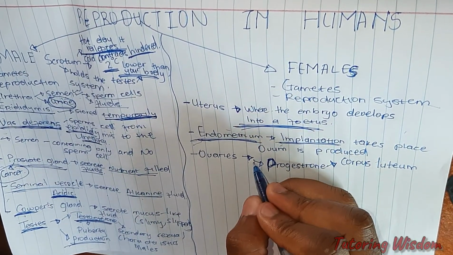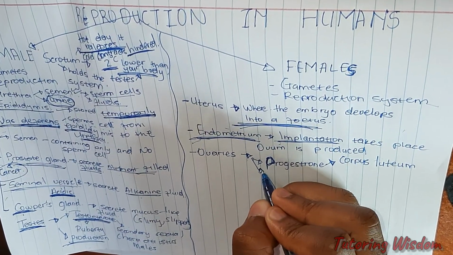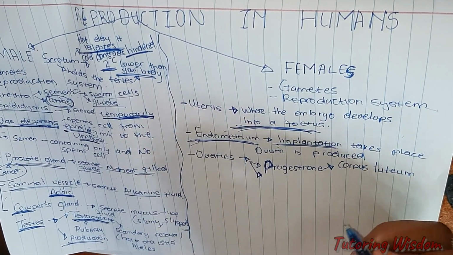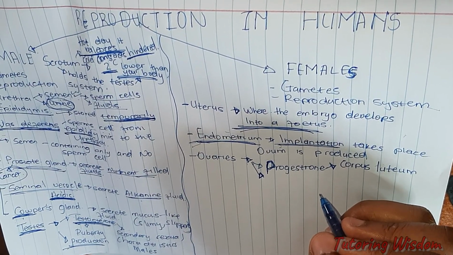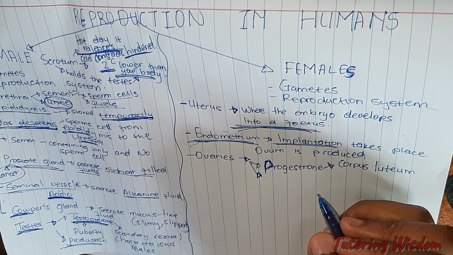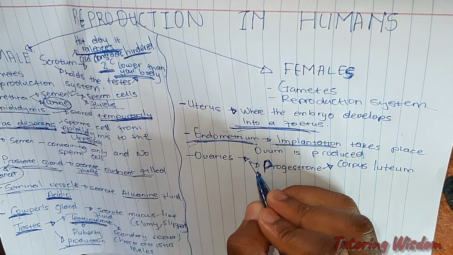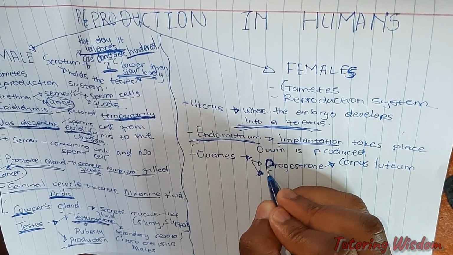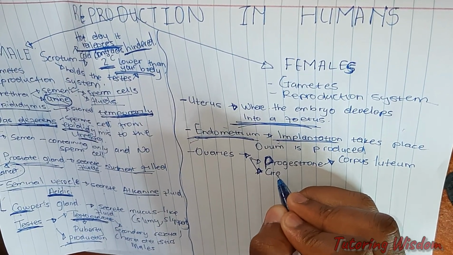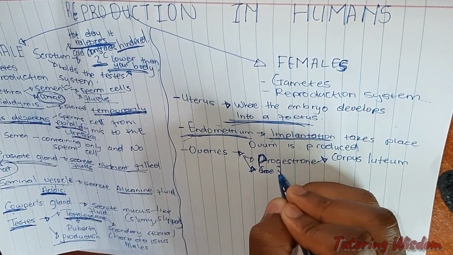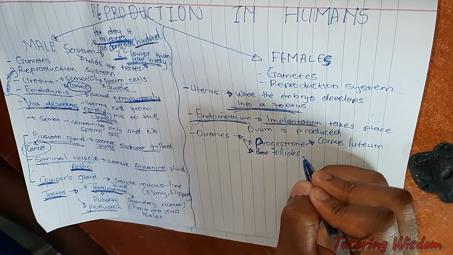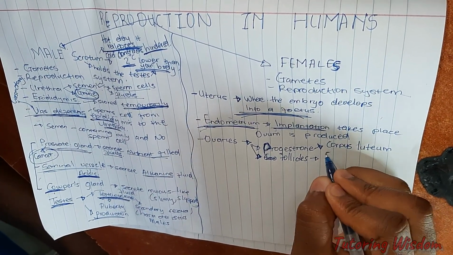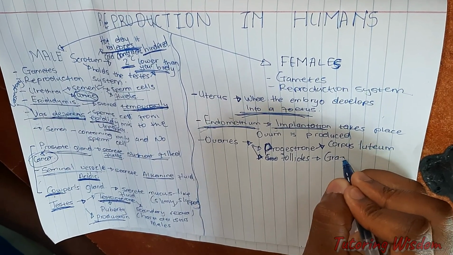But first, before that, you have to have your first hormone, which is secreted by your follicles. When your follicles develop, they form a Graafian follicle.